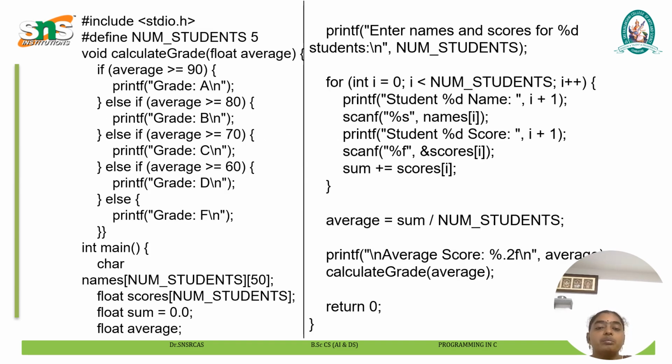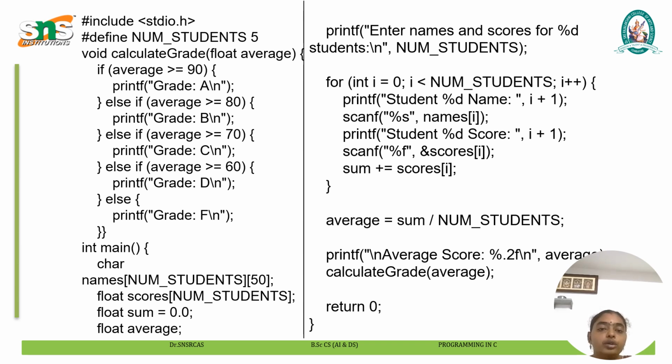This is the implementation of the program, including the header files and the number of students. Define constant values; in this example, enter 5 students. Now define a function void calculate grade, passing the parameter average.